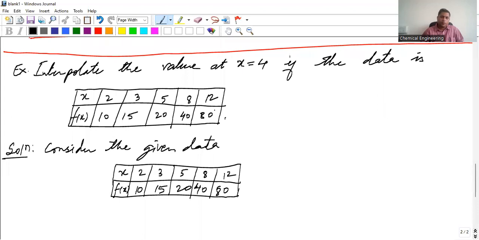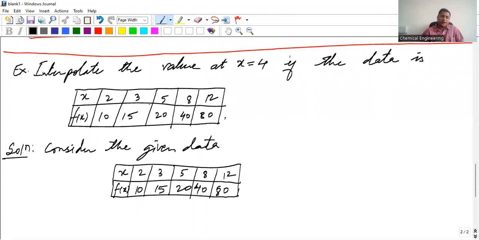So now see what we got here. This is the data, but you can see 2, 3, the difference is 1. 3 and 5, the difference is 2. 5 and 8, the difference is 3. 8 and 12, the difference is 4.